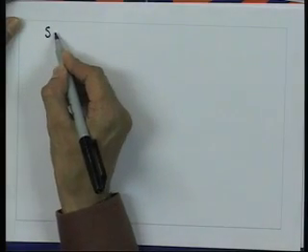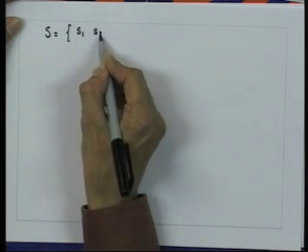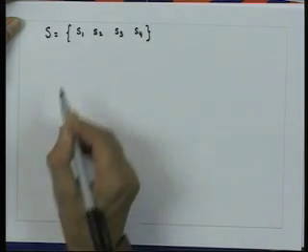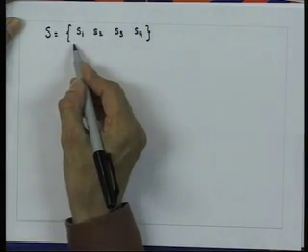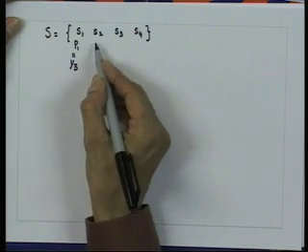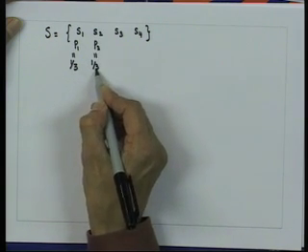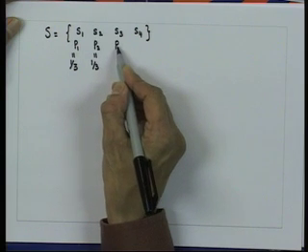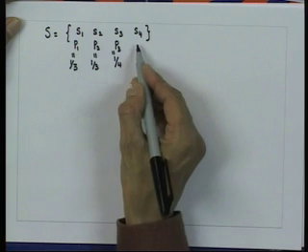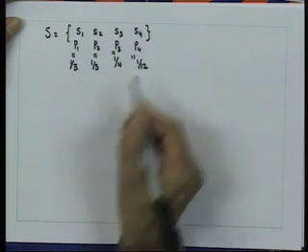Let us assume that I have a source consisting of 4 symbols with the probabilities given as 1/3, probability of S2 equal to 1/3, probability of S3 equal to 1/4 and probability of S4 equal to 1 by 12.